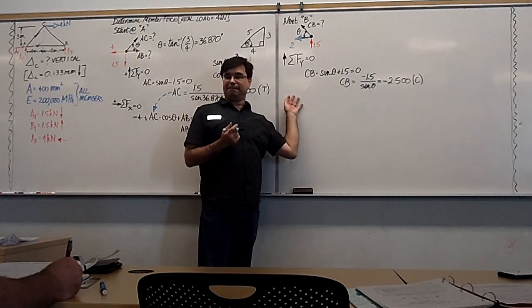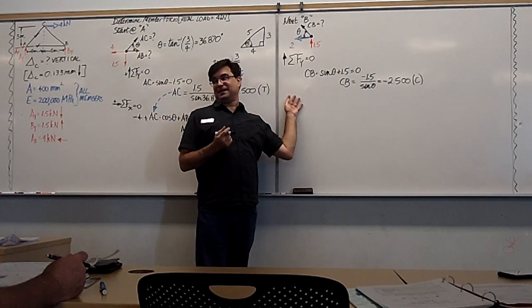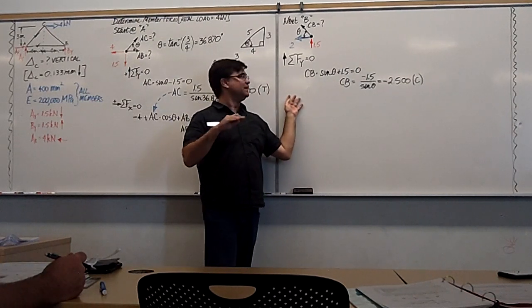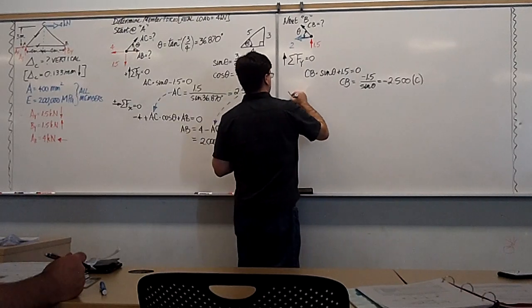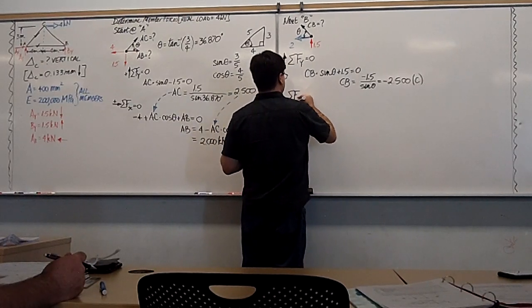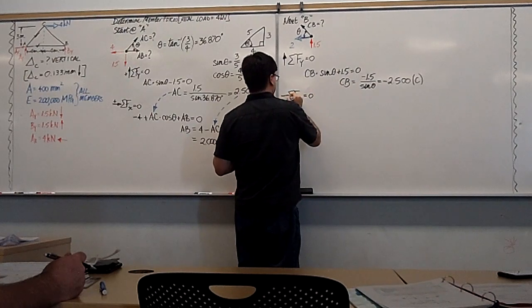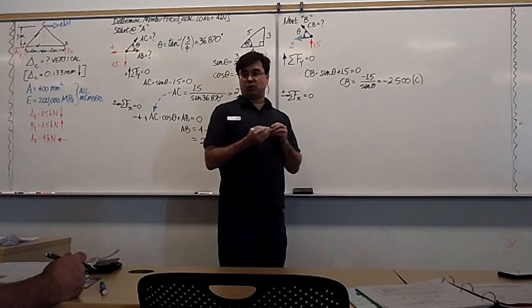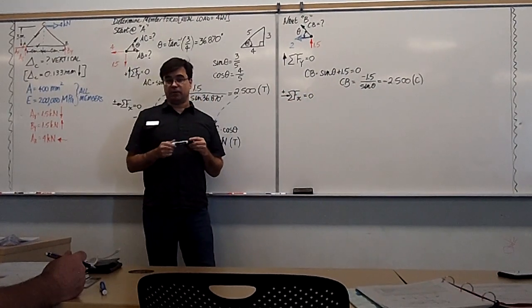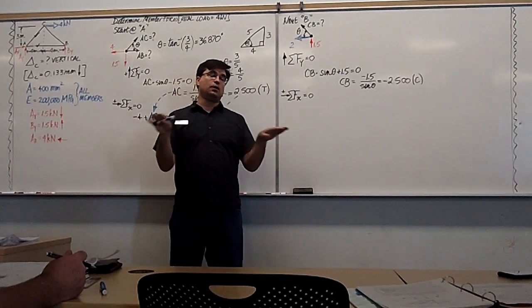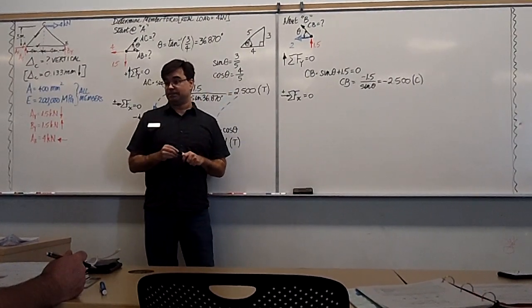Okay, are we done? No. We have to do the sum of the forces in the x direction, because we have to make sure that every joint is in equilibrium. That means all forces always balance out to 0.